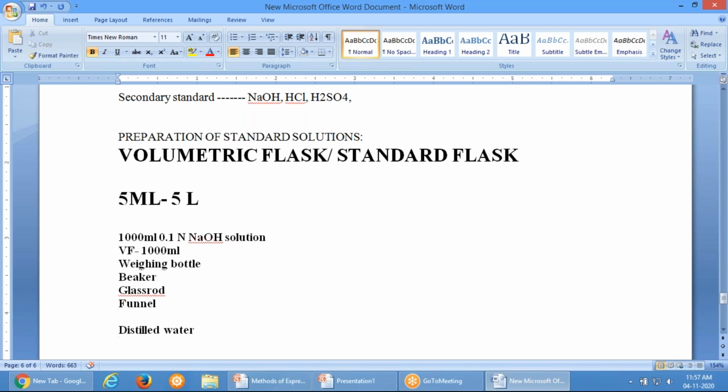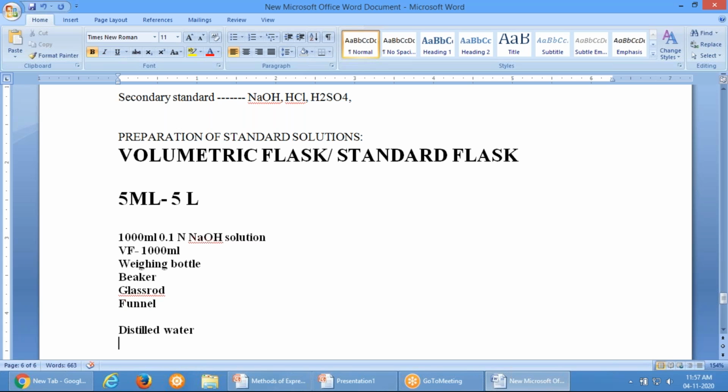Now tell me, for 0.1 normal sodium hydroxide, 1000 ml, how much sodium hydroxide do you need to take? 40 grams in 1000 ml is 1 normal.